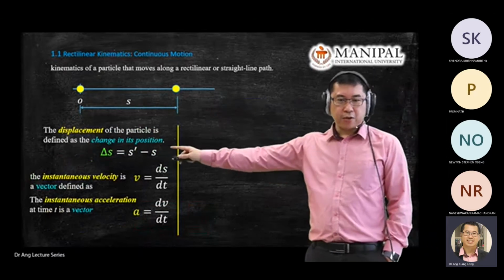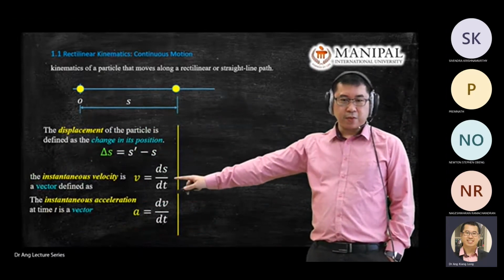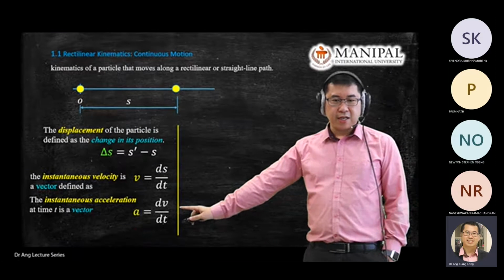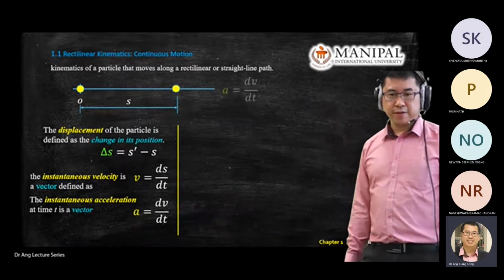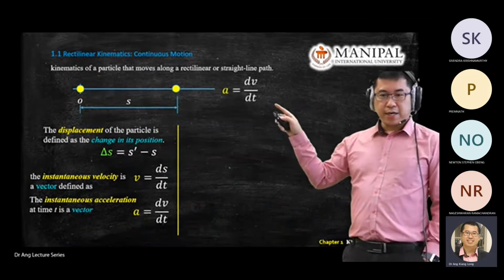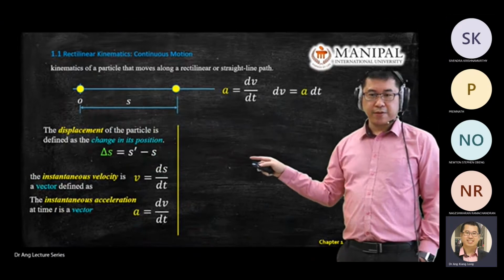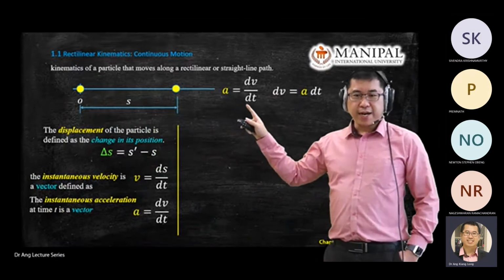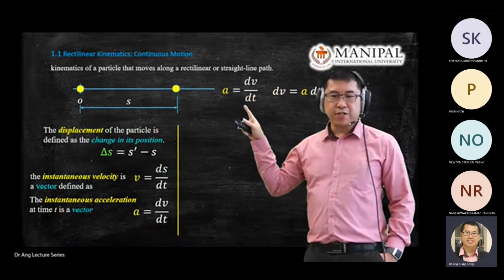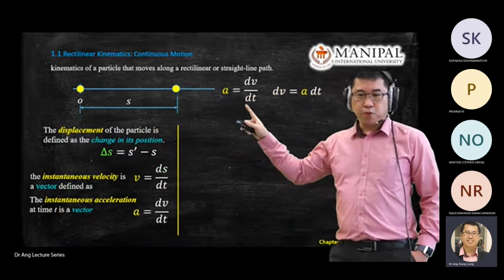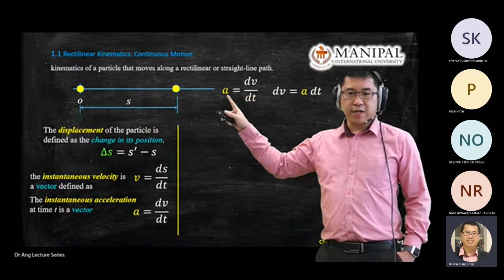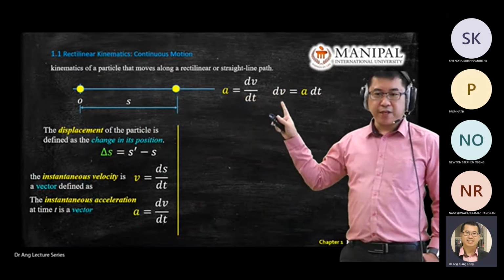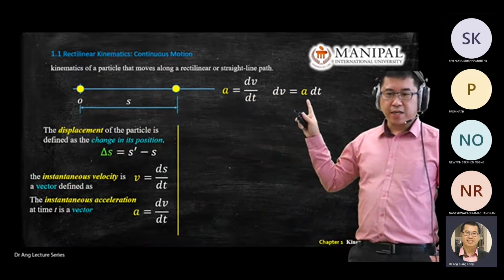So recall, we learned about displacement, velocity, and acceleration. What happens if you rearrange this acceleration equation? You pull the dt to the left, you get dv equal to a dt.